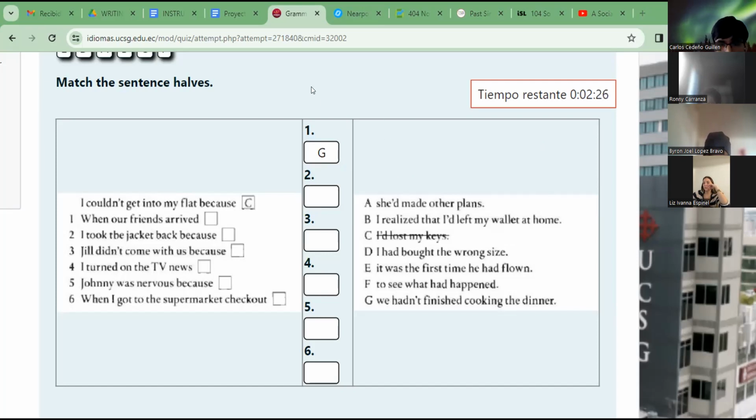Carlos? I'm reading. I took the jacket because I had bought the wrong size. Very good. Liz, next one, number 3. Jill didn't come with us because she made other plans. She had made other plans, correct?